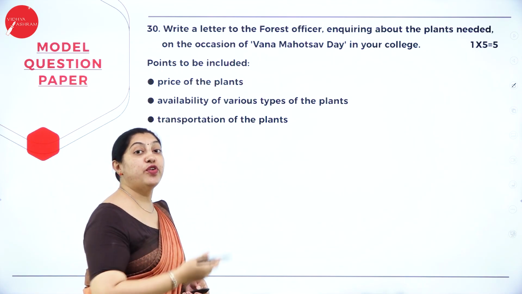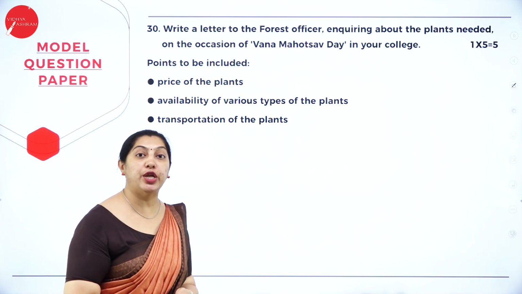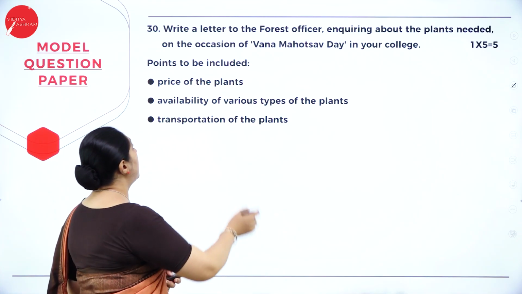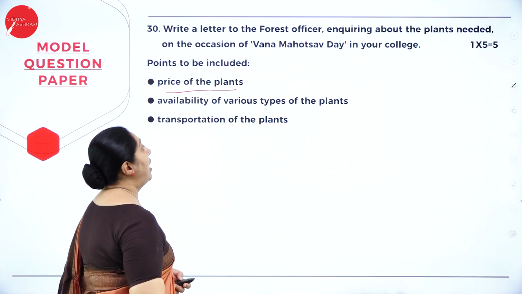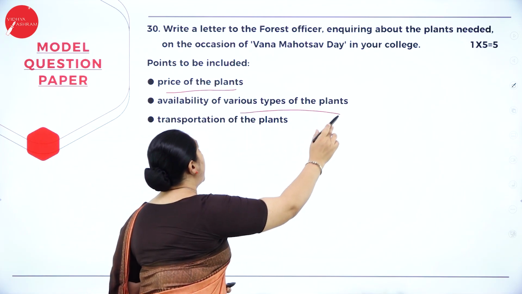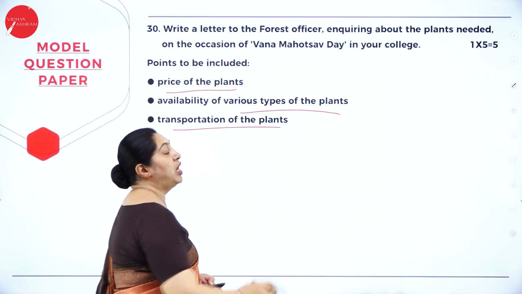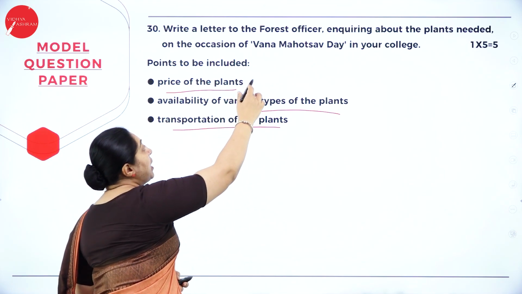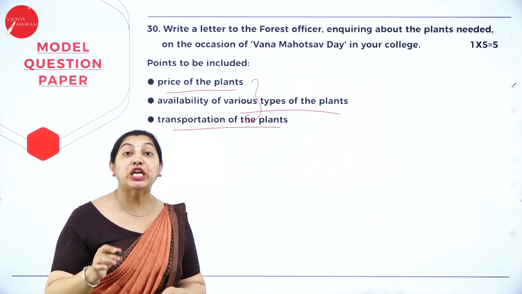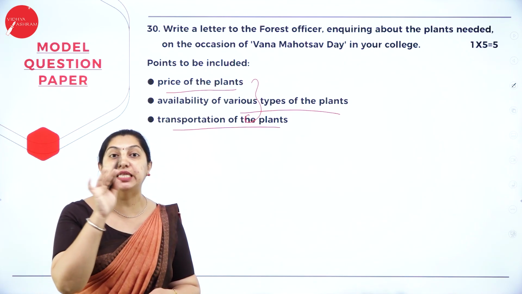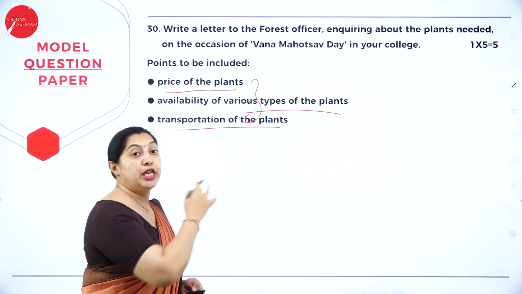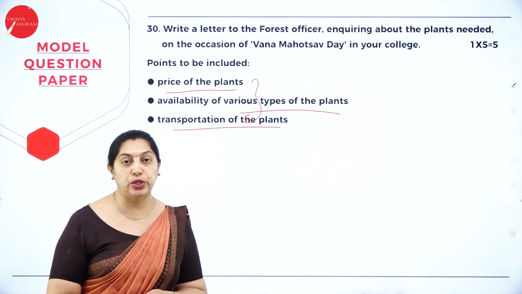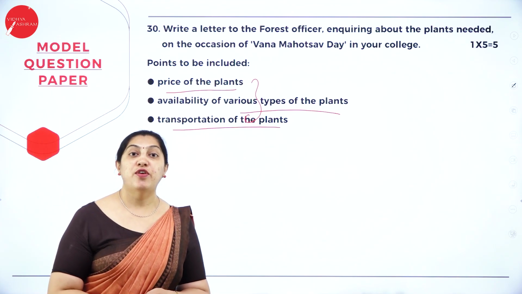They have given a few points which have to be included in your letter: price of the plant, availability of various types of plants, transportation of the plants. These are the 3 points which should be included in the body of your letter. So this question carries 5 marks.